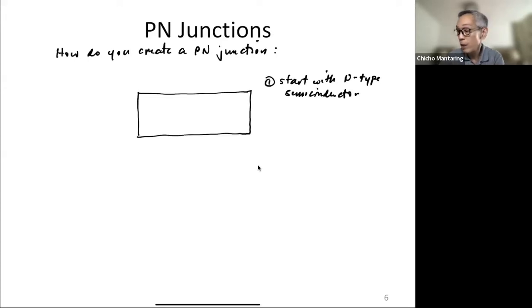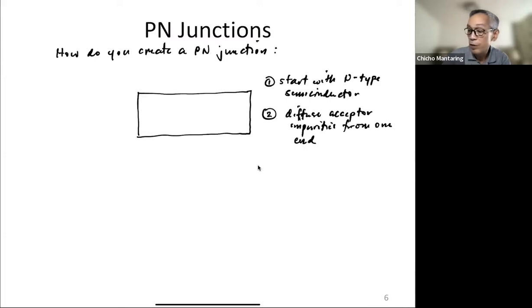And then through one end, you diffuse acceptor impurities from one end. So here, we are going to diffuse acceptor impurities.